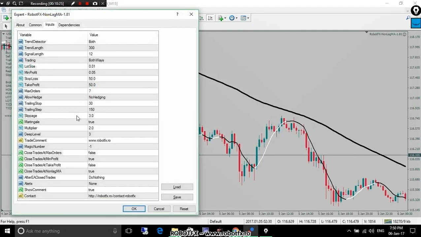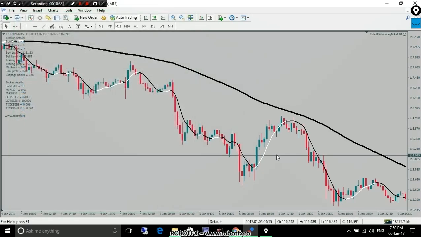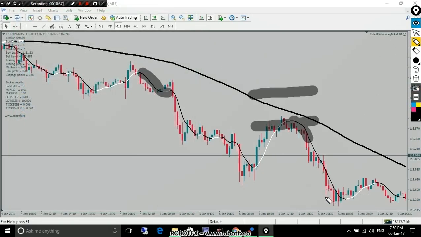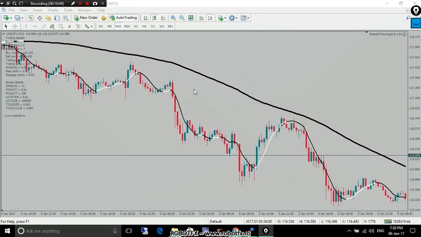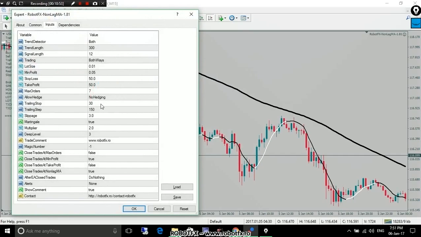If the price moves more, 150 pips plus the trailing stop, let's say somewhere here, then the stop loss will be dragged again 30 pips away, the distance from the actual price at that moment. And that's the trailing step. We are trailing the price step by step.